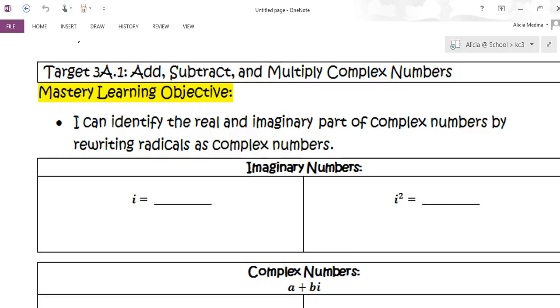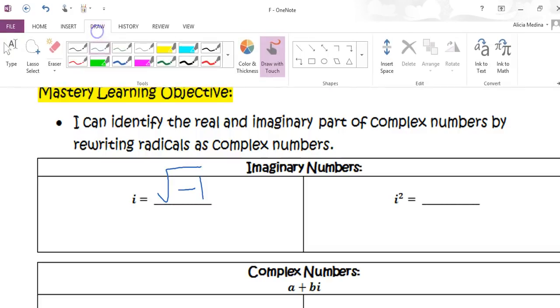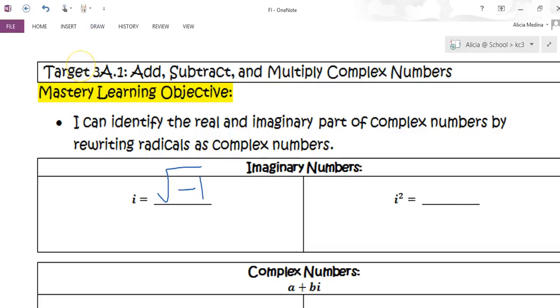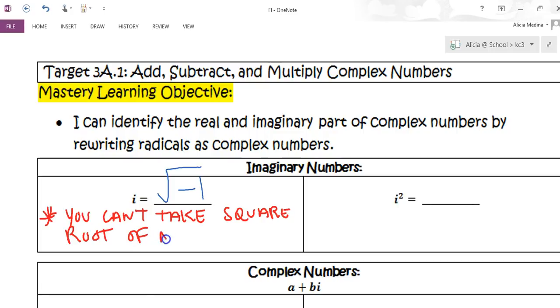An imaginary number is the square root of a negative number. The reason why we have that imaginary I there is because you cannot take the square root of negative numbers.